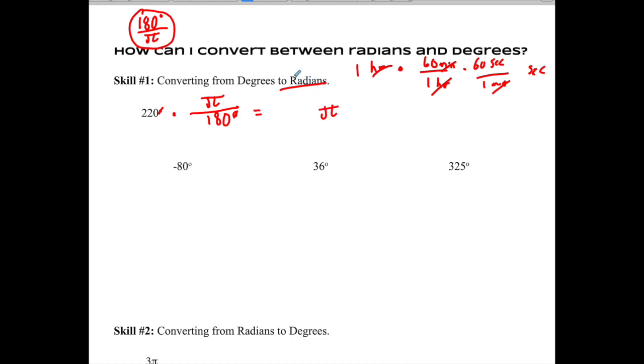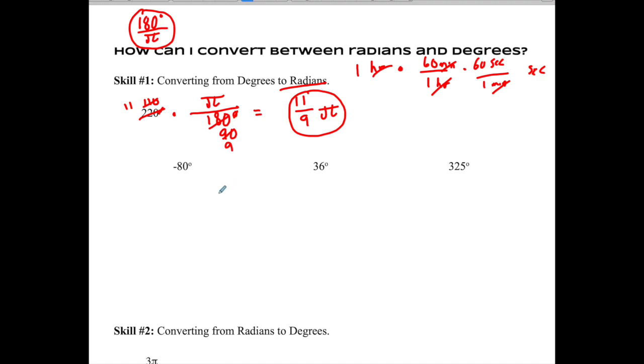Now I'm going to simplify this. These both have a 2 in them, so that's 110 over 90. They both have a 10 in them, so it's 11 over 9. I'm done, I can't go further than that. So it's 11 over 9 pi.